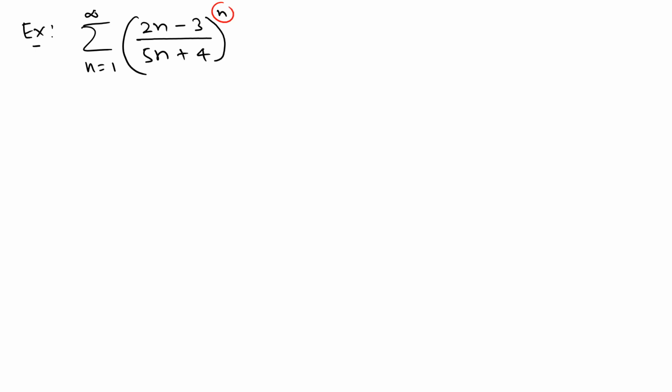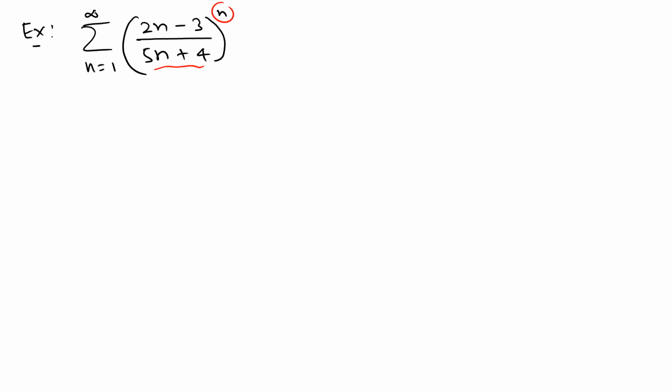You see it's a function to the nth power. This is a root test, and once you take the root and take the limit, you're going to get 2/5, which is less than 1, so this has to converge.